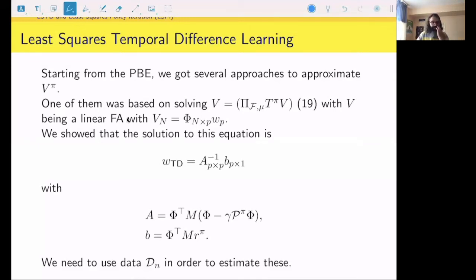Another approach that we saw was value iteration, or approximate value iteration, in the last lecture, and how we could convert approximate value iteration to an empirical version. That was a reasonable idea, more or less, and it's the basis of many current methods, like DQN. We also had some methods starting from the projected Bellman error.